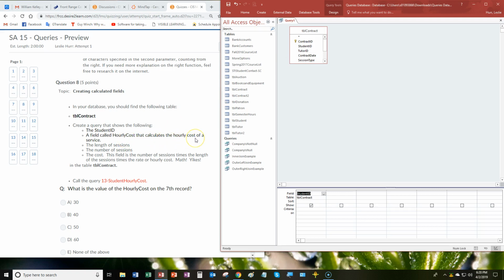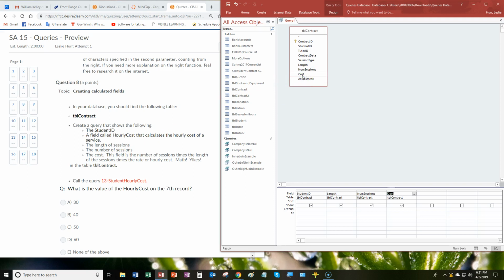So I think I'm going to wait on that one and see, because that seems like that might be harder. So I'll go to the next one, the length of sessions. Well, there's one called length, and then the number of sessions, num sessions, I'm going to guess is that, and then the cost.